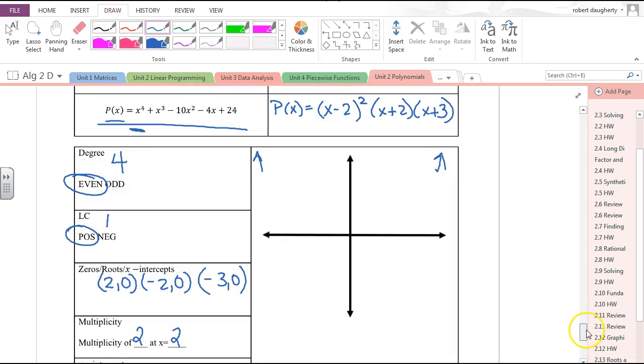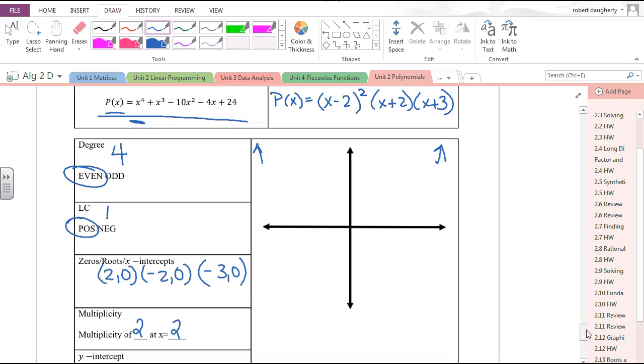That's enough information to graph this guy. So at 0, 24, that is the y-intercept. And then along the x-axis, I have things happening at 2, negative 2, and negative 3. Okay.